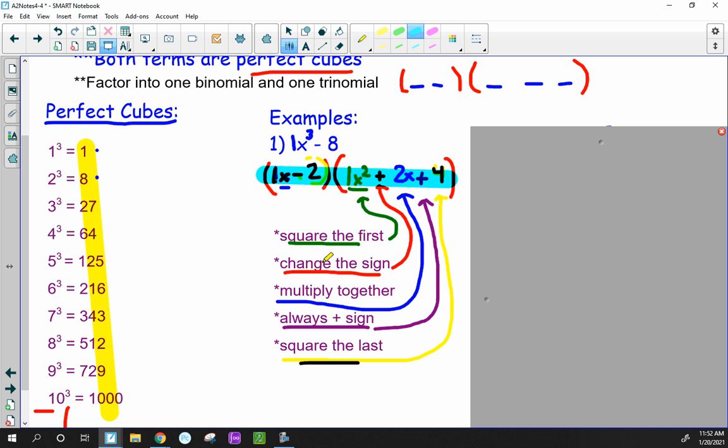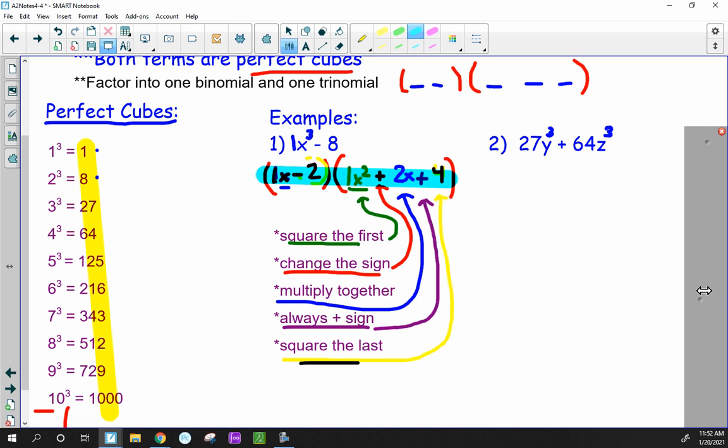Square the first, change the sign, multiply together, always a plus sign, square the last. Square the first, and notice I'm singing it in a sing-song fashion, kind of a pattern to get it in your head. And that's how I learned it as well. So square the first, change the sign, multiply together, always a plus sign, and square the last.